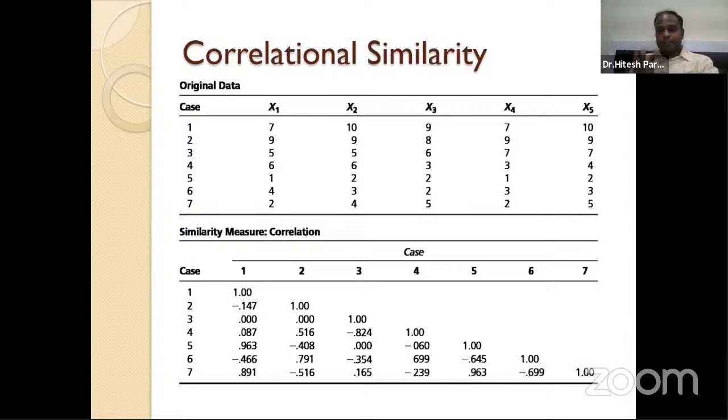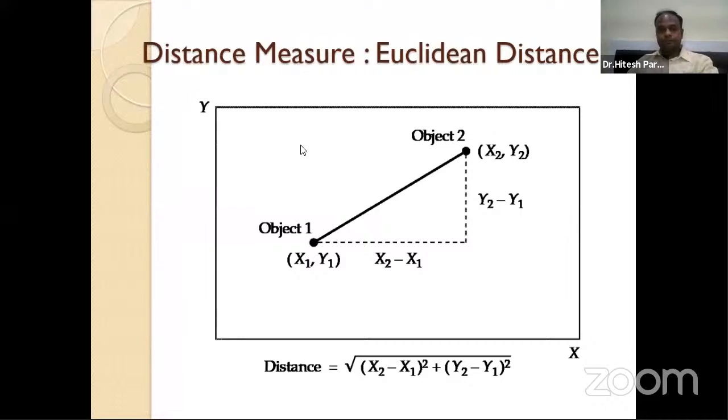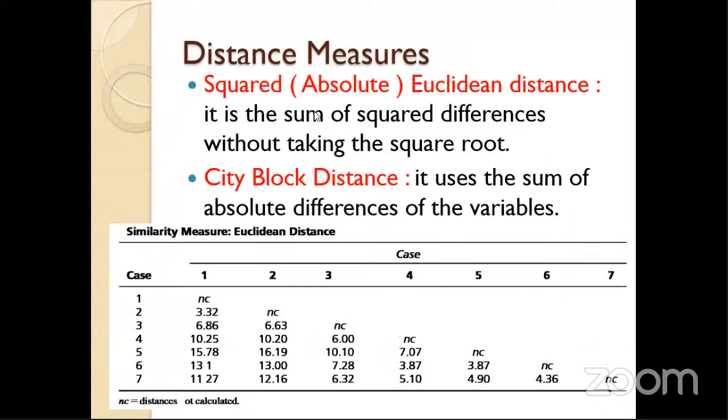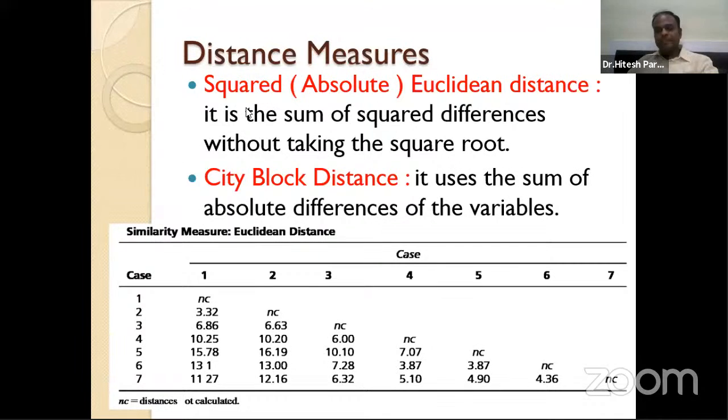But as a similarity measure, the distance matrix is more meaningful as compared to correlation. Okay. Yes, sir. So in distance also SPSS will give you so many options, so you can choose any. But if you select, say for example, Euclidean distance, the result will be different.